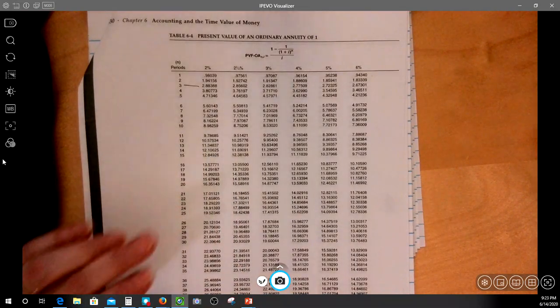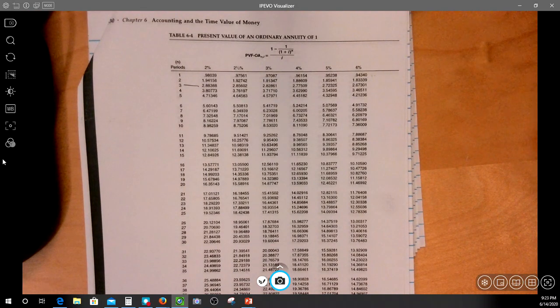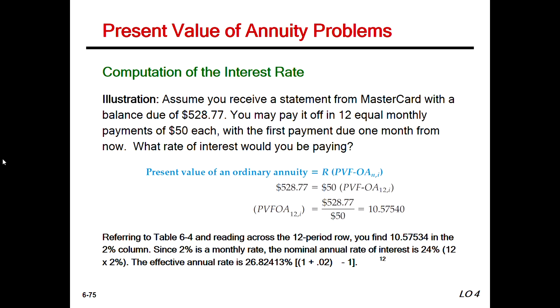These are 12 equal monthly payments, so for each month it's 2%. So the nominal interest rate is 24%. The effective interest rate, which is a little bit different, is 26.82413%, from the equation down here. The effective rate is a little bit higher, but the actual annual interest rate would be 24% on that MasterCard.